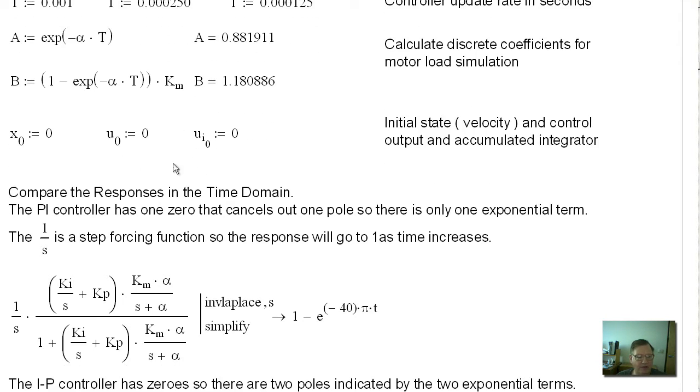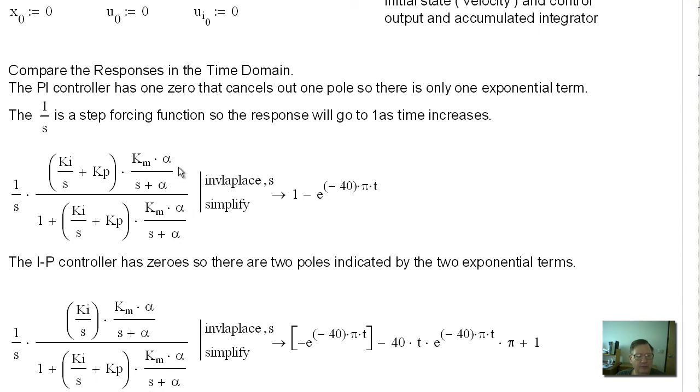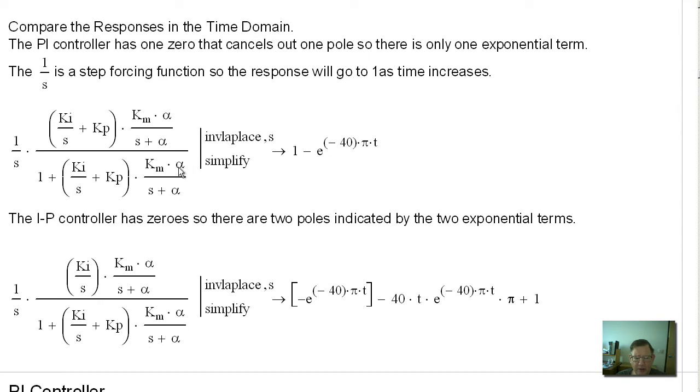Got my initial values. Now, I'm going to take a small detour and talk about the proportional gain and whether or not the proportional gain should be used in the forward path or the feedback path only. And I will explain how you implement each case.